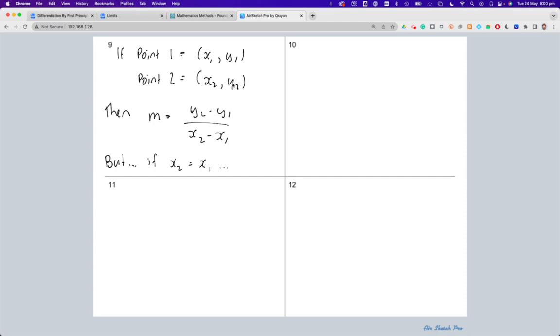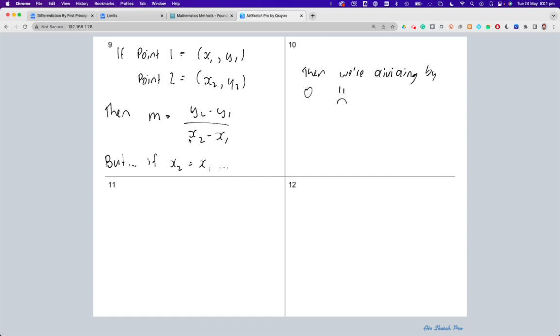So the gradient is rise over run, just the usual. But if x2 equals x1, in other words, if these two coordinates are the same, what are we doing down the bottom here? If they're both the same, then we're dividing by 0.